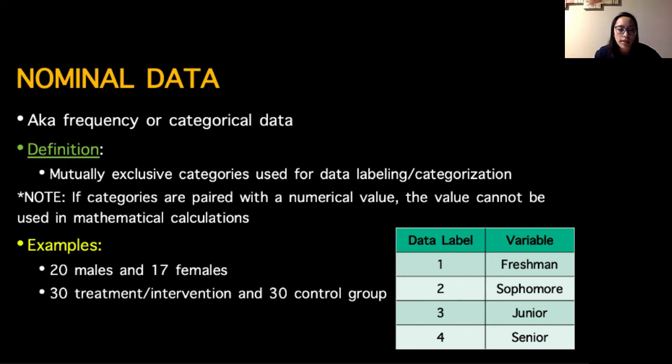Okay. Some other examples of nominal data would be if we were looking at different sexes, right? So males versus females, those are mutually exclusive categories. We could also look at some type of treatment or intervention. The treatment or experimental group could be one category, the control group could be another category.